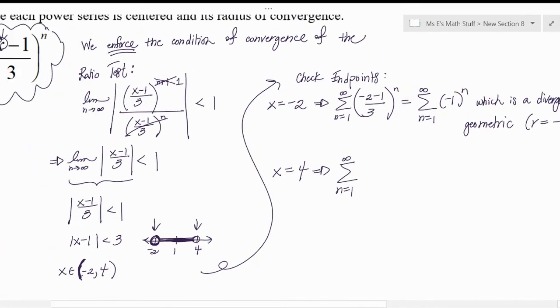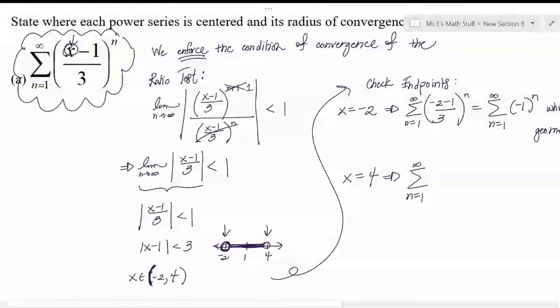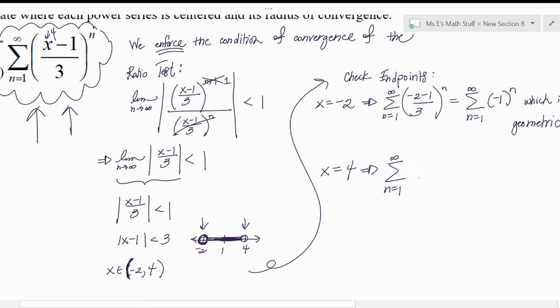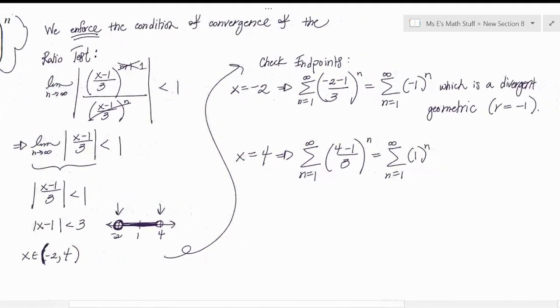So if x is 4, you go back to the original problem, my friends, and you just replace x with 4 and see what you'd get. You'd get 4 minus 1 over 3 to the n. It simplifies to 1 to the n, which if you expand it out is just infinitely many ones added together.